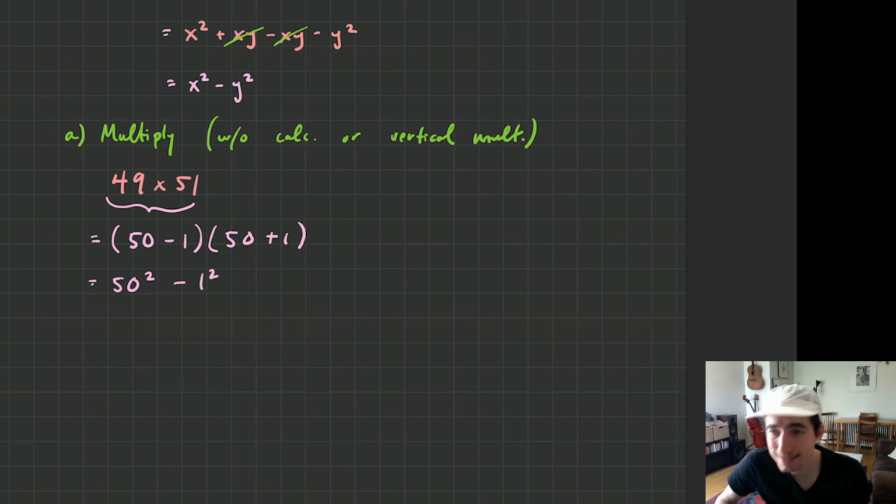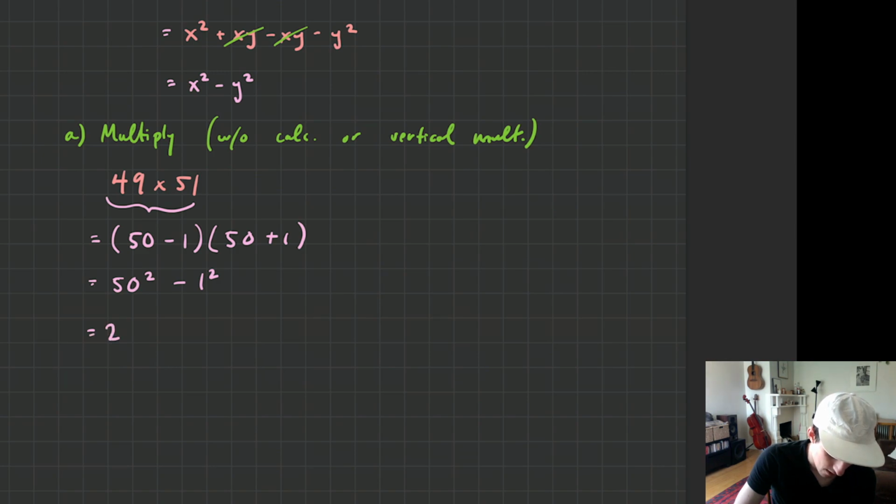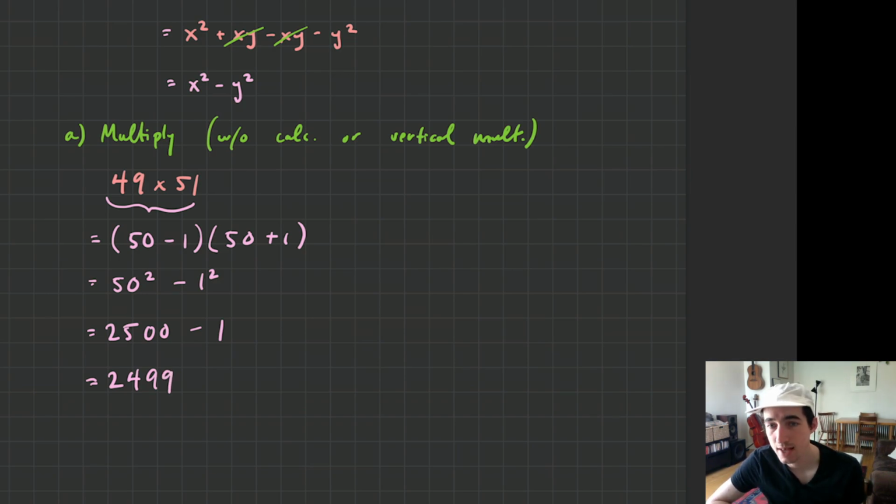Well, 50 squared, that's not that hard to multiply, right? That's 5 times 5 followed by 2 zeros. So this is 25 followed by 2 zeros minus 1 squared, which is 1. So this is 2,499. And that's not even an estimation. That is precise. That's exactly it.